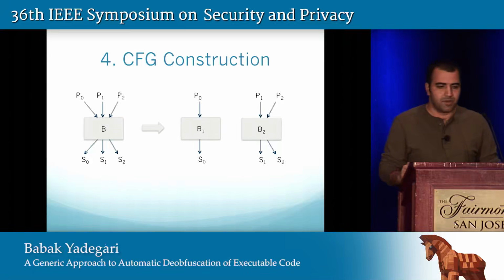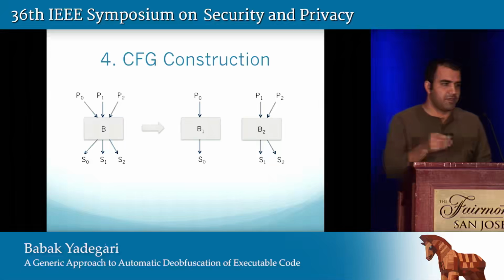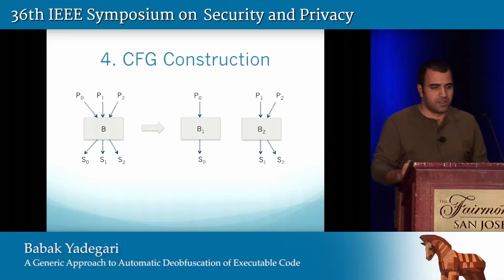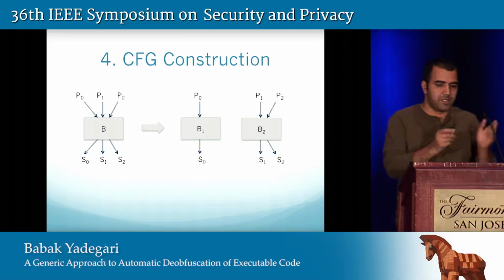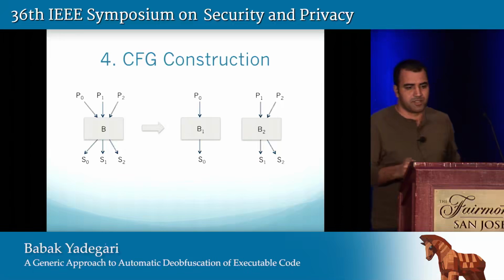This actually reduces the number of spurious paths in the final CFG. For example, if the combination of predecessor 0, basic block B, S0 only happens in the trace, we don't need a basic block that has all the combinations of these three predecessors with basic block B and all the successors following it. So we basically limit the number of possible execution paths in the final CFG.